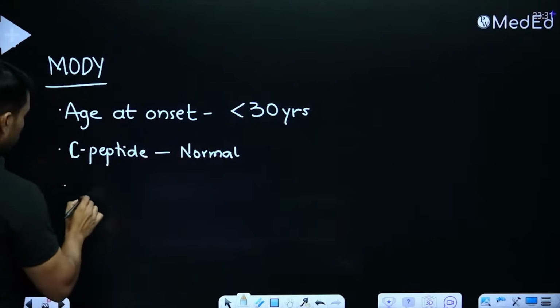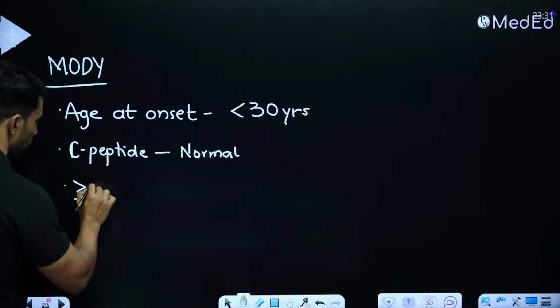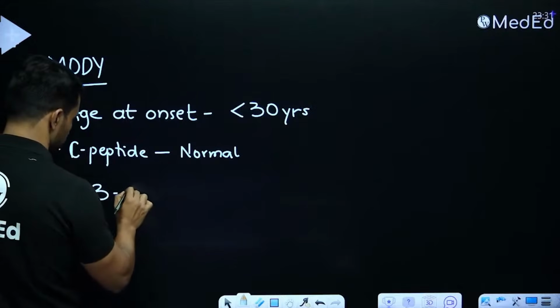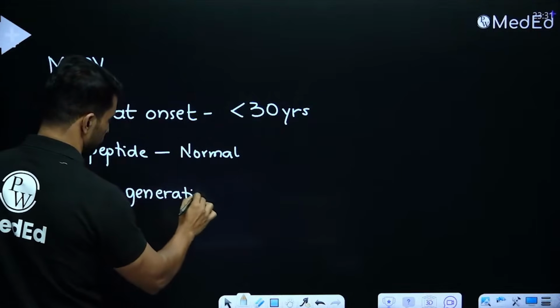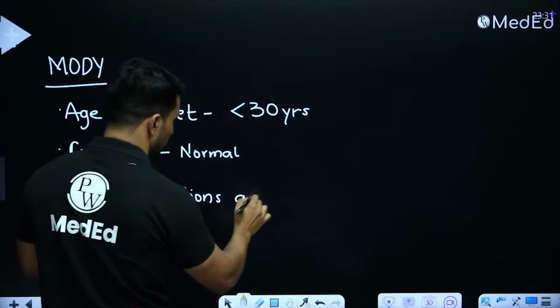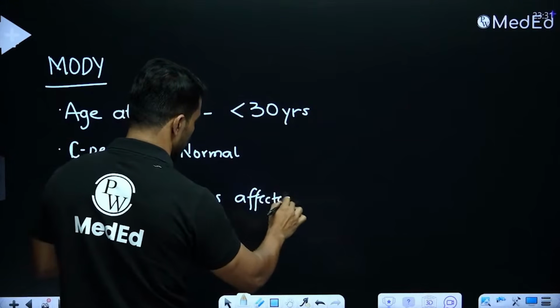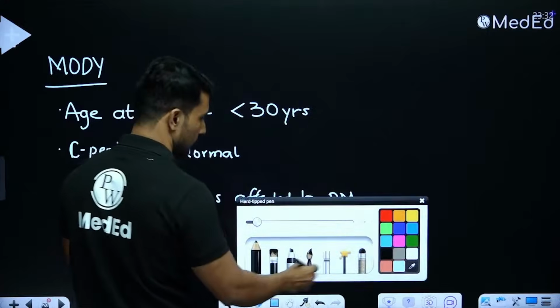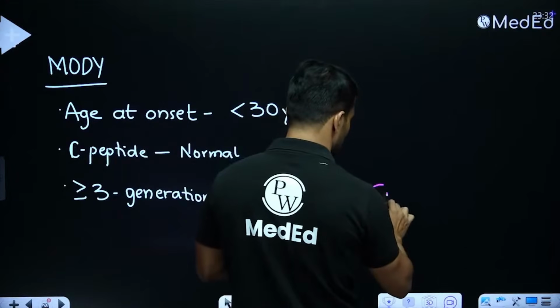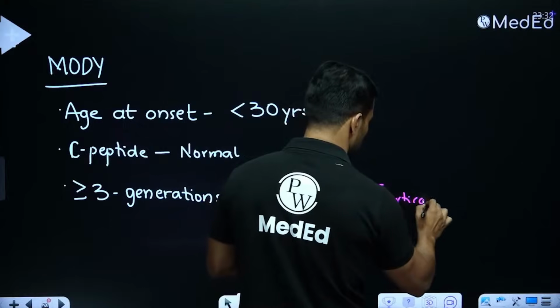Okay. Third one, more than or equal to 3 generations affected by the diabetes mellitus. Because being autosomal dominant, there is vertical transmission.